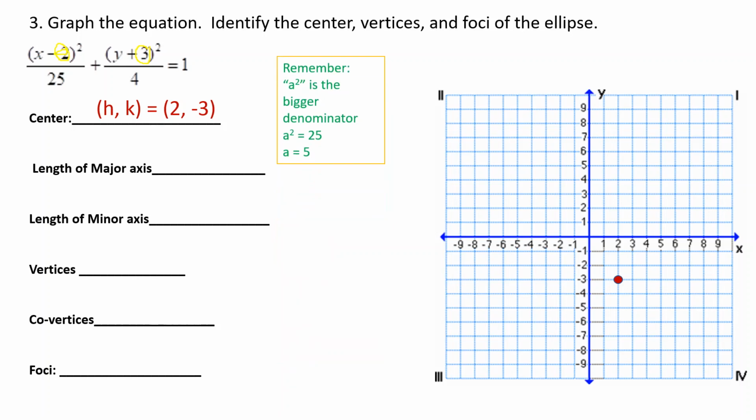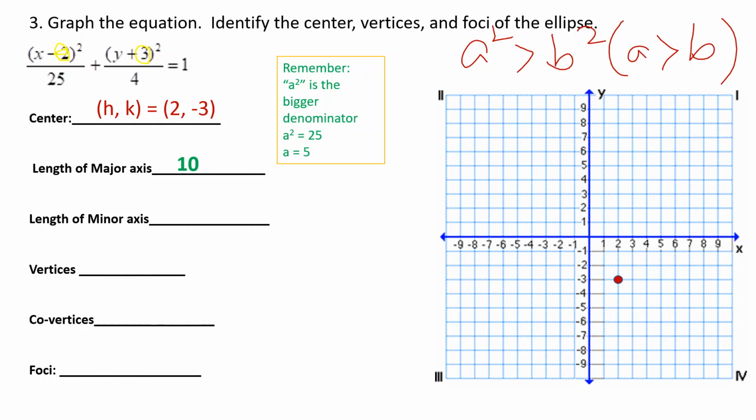Remember, in an ellipse, a squared is always larger than b squared, or a is larger than b. So a squared in this case is 25. That means a is 5.